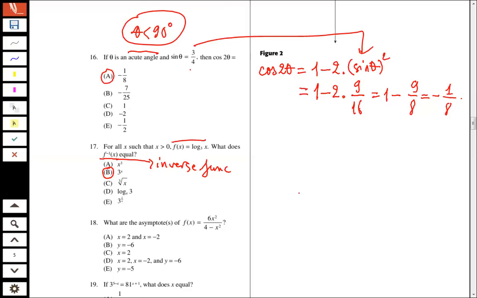Actually, here we can determine this by graphing the logarithm function and f raised to the power -1, and observing that their graphs are reflections of each other over the line y equals x.